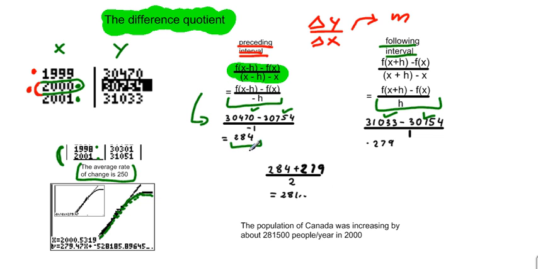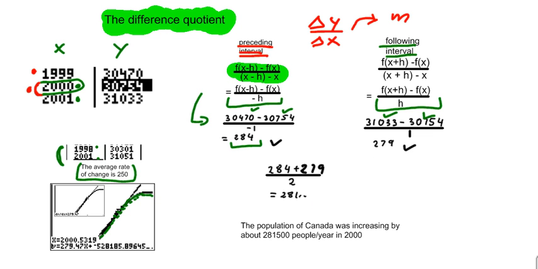So now we found the preceding interval ratio, and for the following interval ratio we have found the value, and this is of course positive.